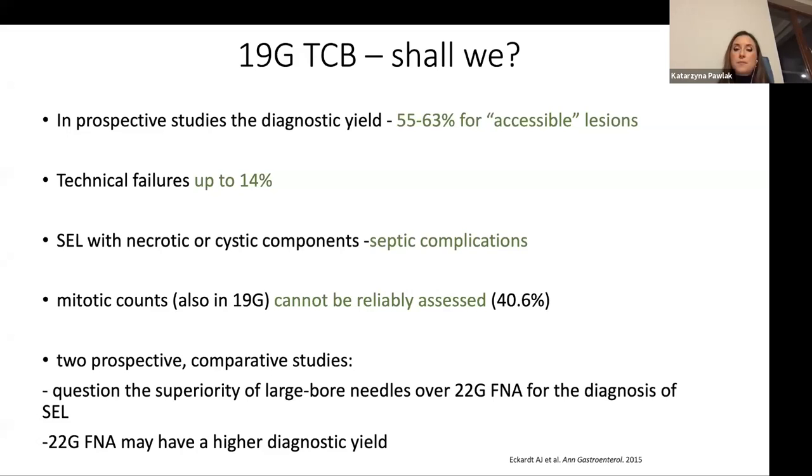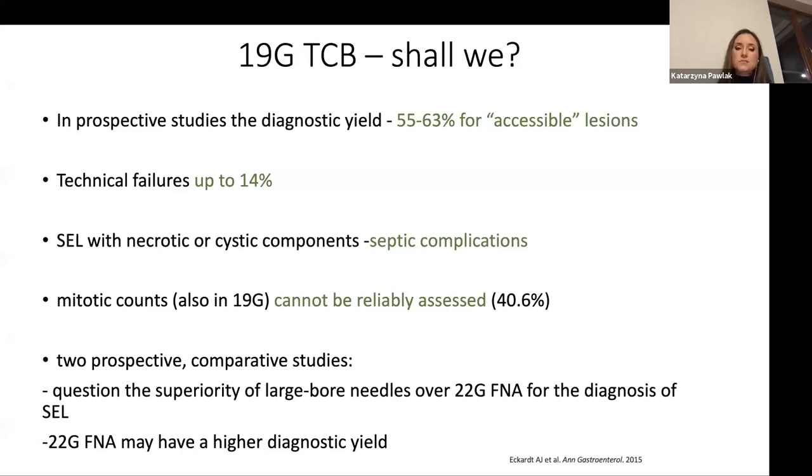The data also reported some septic complications when using this type of needles. Presented data also showed that mitotic counts cannot be reliably assessed with these needles. And at least two prospective comparative studies presented that sometimes a 22 gauge FNA needle may have a higher diagnostic yield than a 19 gauge needle.